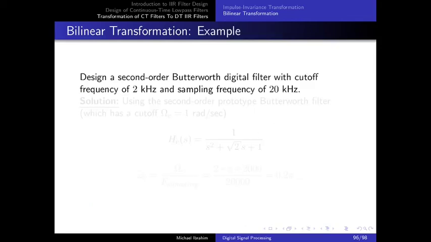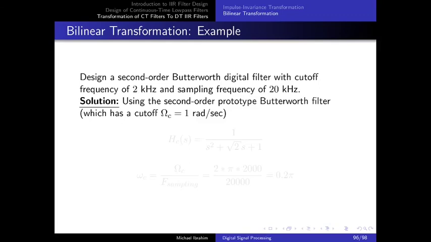So here we have an example. We need to design a second order Butterworth digital filter with a cutoff frequency of 2 kHz and a sampling frequency of 20 kHz. We can use the prototype Butterworth filter we have seen in the previous lecture, which has a cutoff frequency of 1 radian per second. For a second order filter, it has the form 1 over s squared plus square root of 2 times s plus 1.